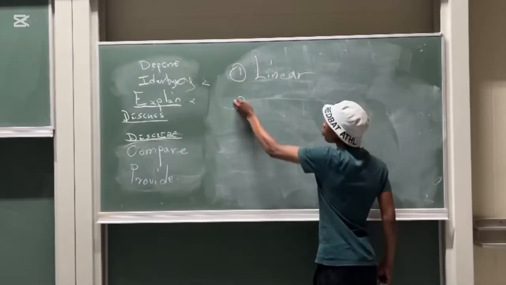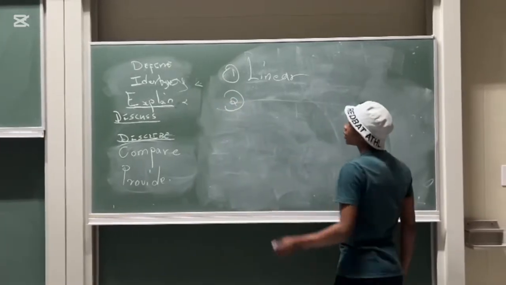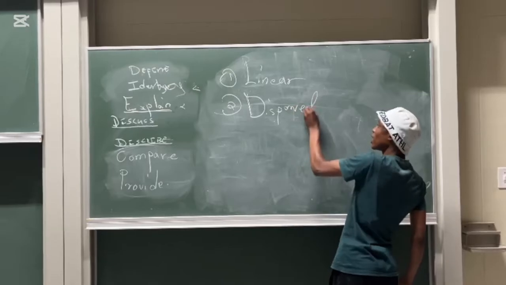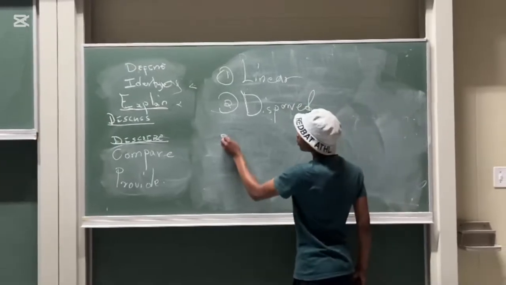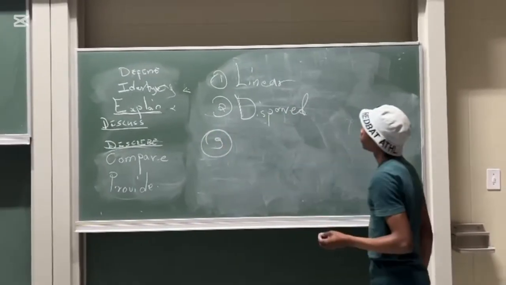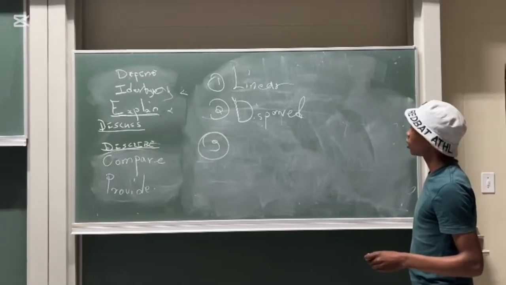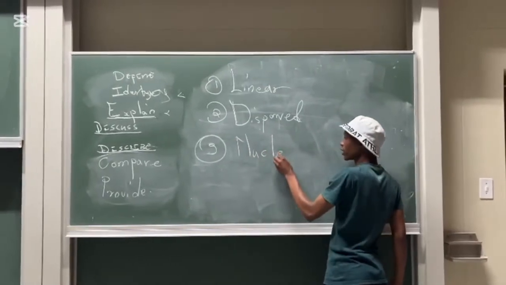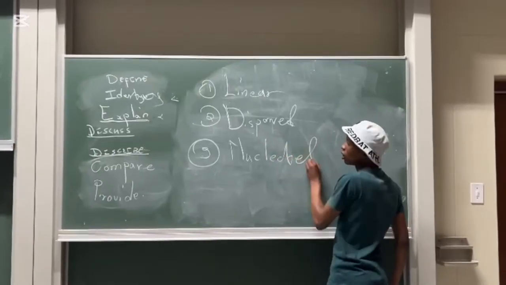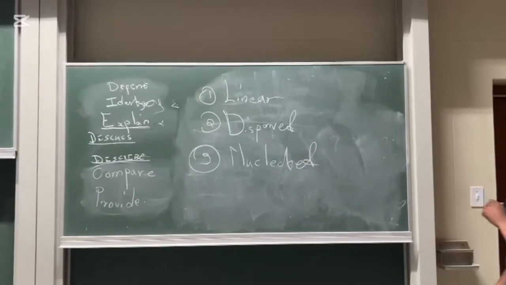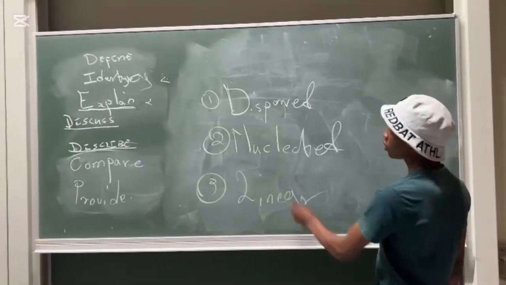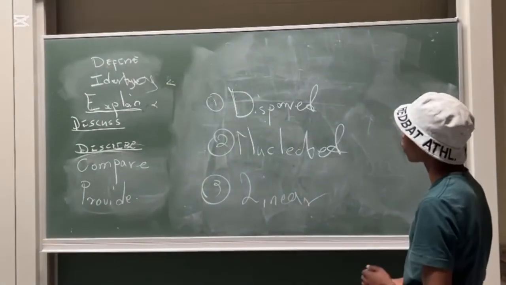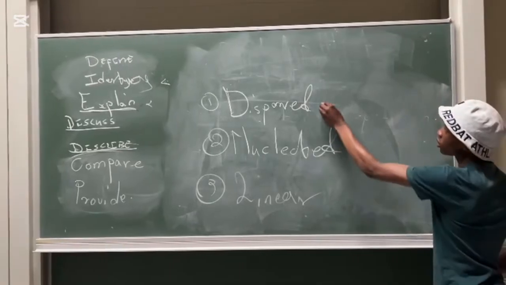And then secondly, we have a dispersed settlement, and thirdly, which is the last one but not least, a nucleated settlement.